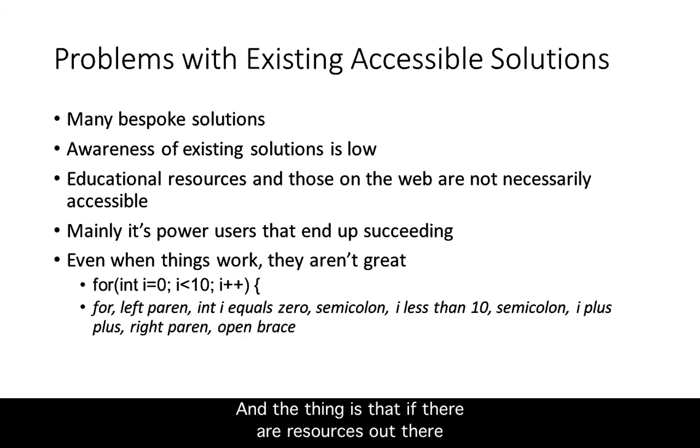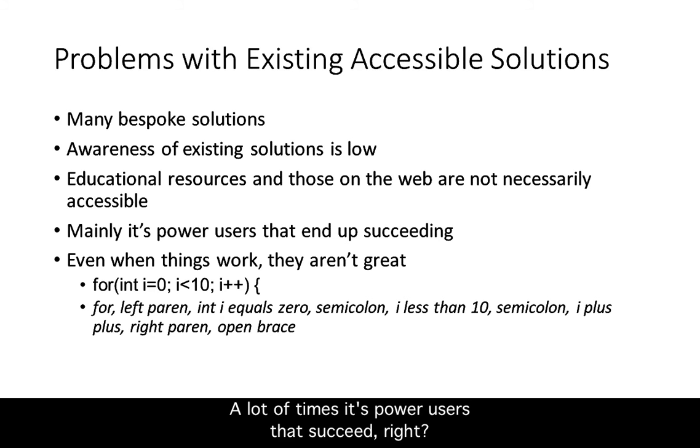And the thing is that if there are resources out there that are available to others, but not to students with disabilities, and whether it's a format issue or whether it's not being available in larger print or whatever the case may be, cognitive impairments and writing level and things of this nature, this all affects the landscape of who has access to learn computer science. And that really matters because it's a barrier to getting into the field.